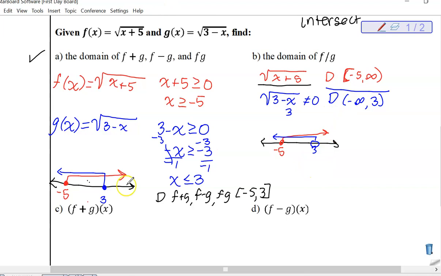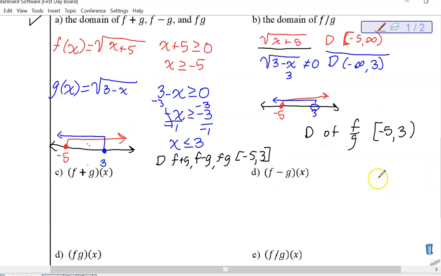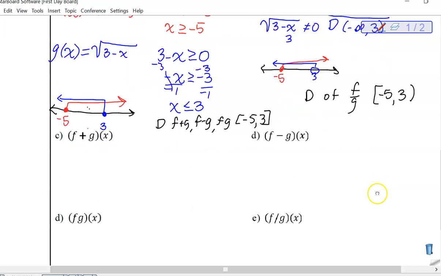And so, let's answer the question, what's the domain of f over g? Where does the overlap begin? Negative 5 to 3, open, right? Not closed. And so, asymptote. Because you've created a rational function, you have to consider those vertical asymptotes.